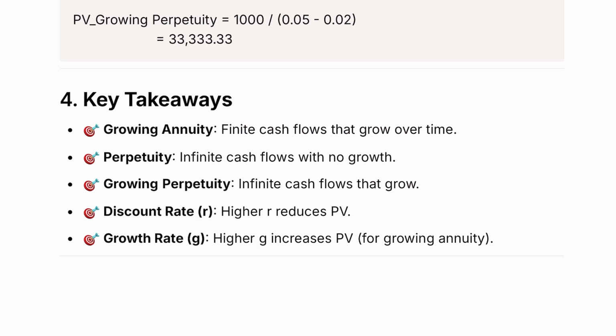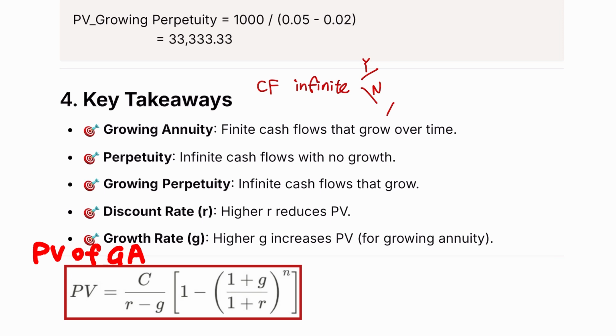Now let's have a quick recap. When we are valuing a project or valuing a company, we first make sure whether the cash flow is infinite or not. If it's not infinite, then we may apply the formula for the present value of a growing annuity, and we may need to find the growth rate, the discount rate, and the year one cash flow.